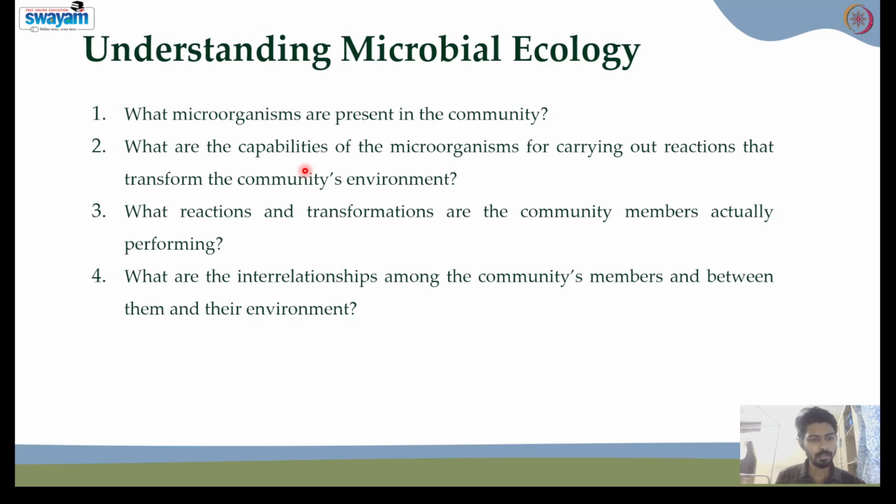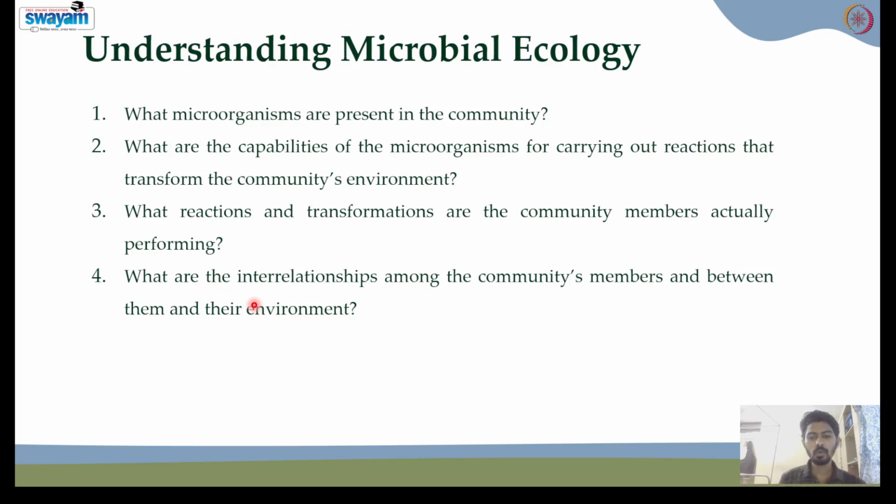So the third one is what reactions and transformations the community members actually perform. Here we are trying to answer what kind of reactions and transformations the microorganisms are undergoing. And the fourth question is what are the interrelationships among the community members and between them and their environment.